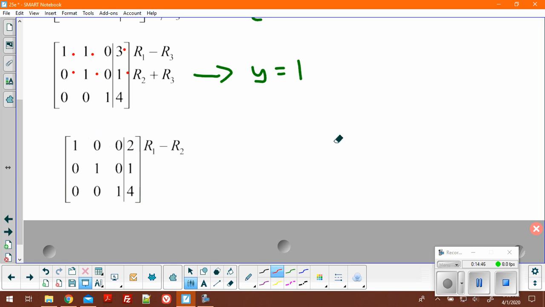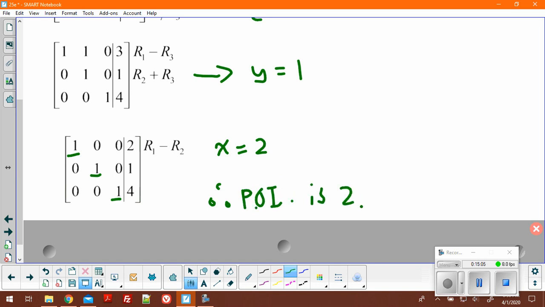So the top line says x is equal to 2. X equals 2, y equals 1, z equals 4. Therefore, the point of intersection is 2, 1, and 4. And we're done. That's how that process works.